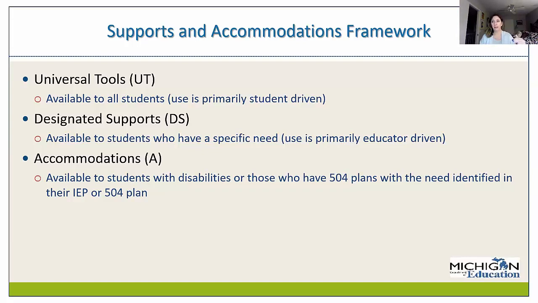Dropping down from that is our designated supports category. These are supports that only are going to be available to students who have a specific need. And how do you know who those students are? This is going to be something that is determined at the local level, and it's going to be primarily educator driven.